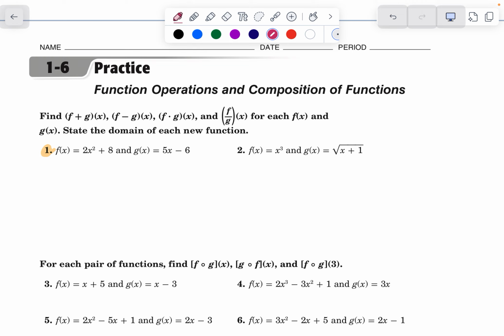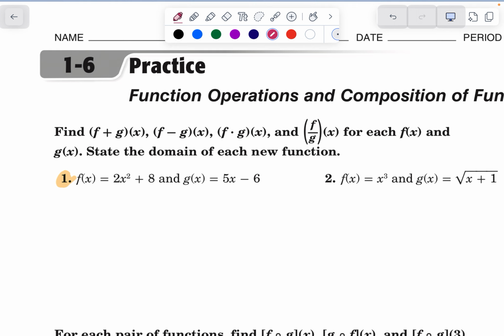Okay, so let's take a look at problem number 1. What we're going to do with number 1 is use that function 4 times. I did not talk about the domain. Okay, if we do f plus g of x, let's start there.